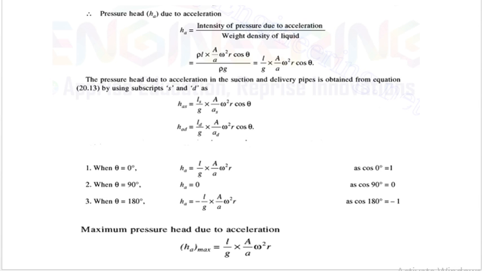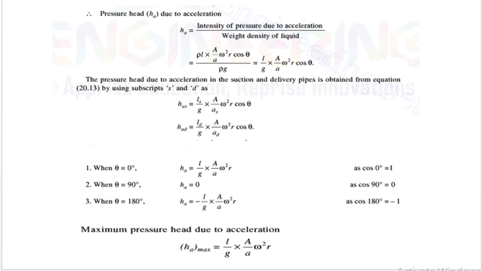At theta is equal to 180 degree, it means when the piston is at its extreme right position, or you can say that can be the end of the suction stroke. So we will put value of theta 180 degree, cos 180 is equal to -1, and this value will become negative. It means the piston will feel retarding head.